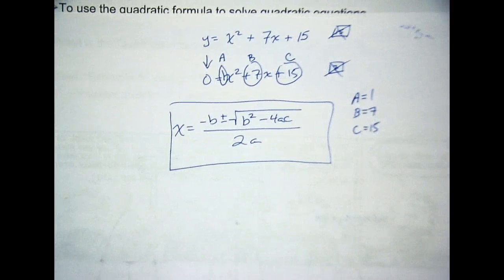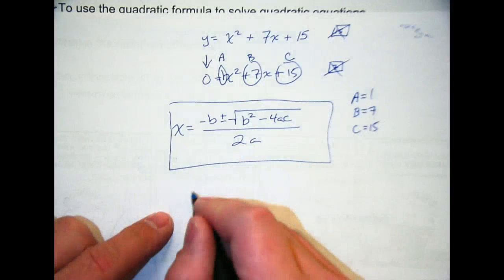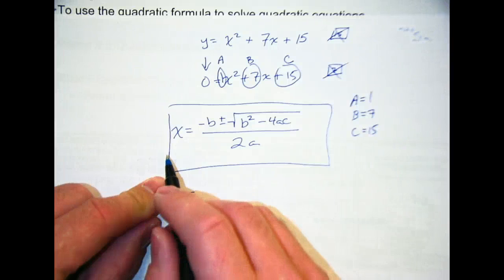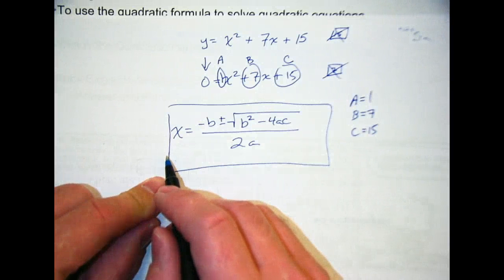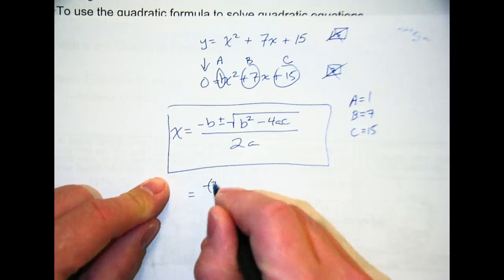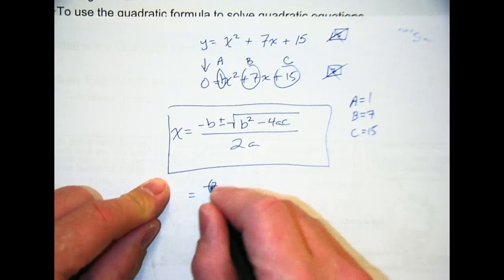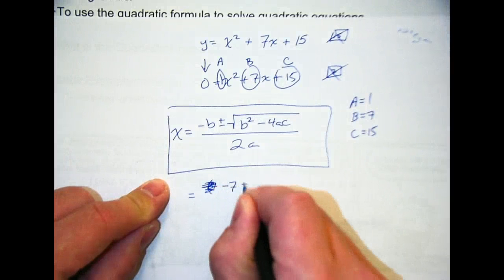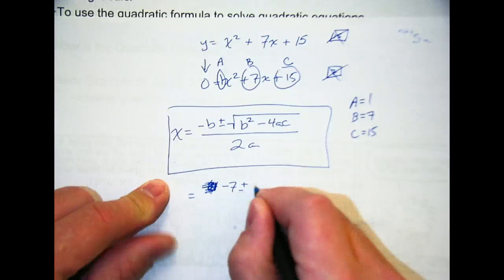All right, so if I'm trying to figure this out, the opposite of B, or negative B? Negative 7. So we have the opposite of B, negative 7, plus or minus the square root of B squared.